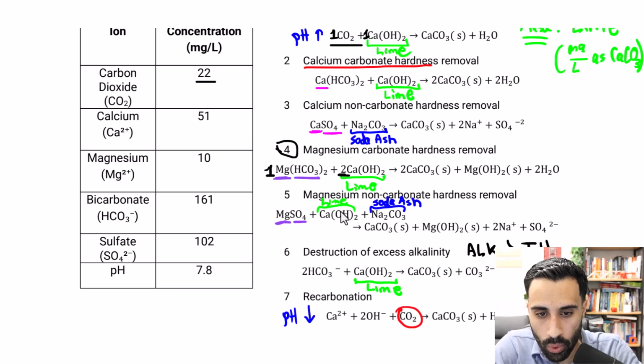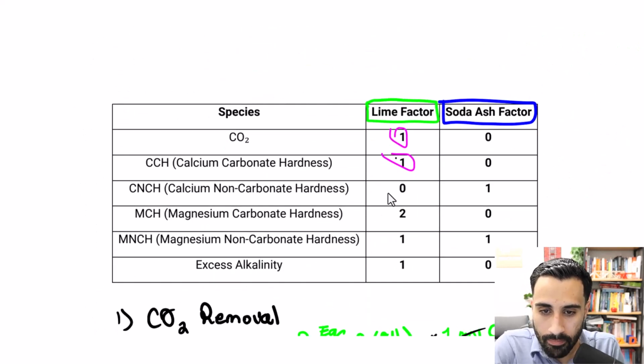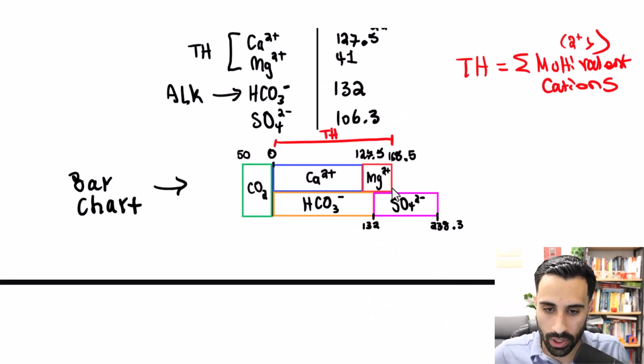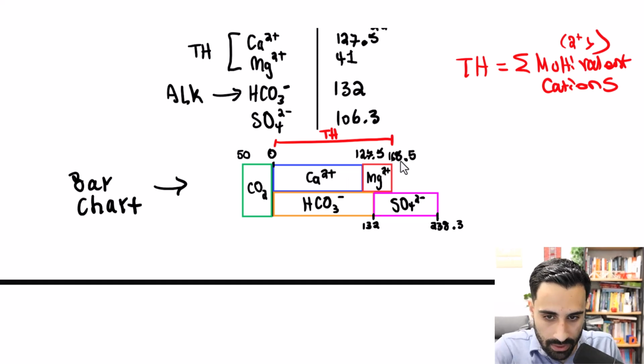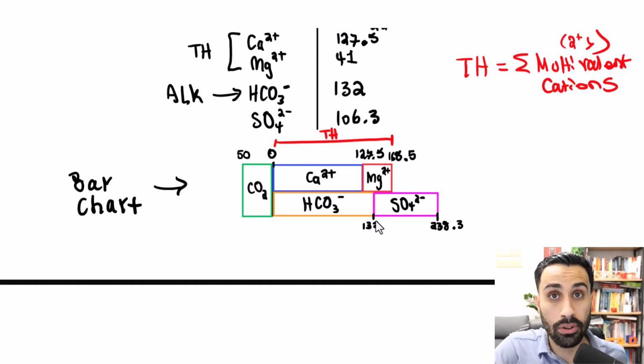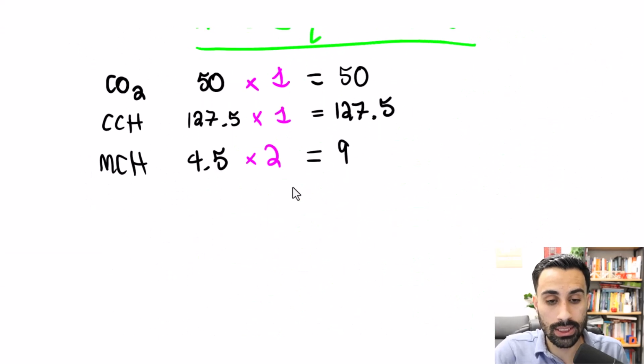We are done with 4. This also uses lime. This is magnesium non-carbonate hardness. It does use lime, also soda ash. We're focused on the lime. So the magnesium that's not associated with carbonate hardness is going to be how much? That is this part right here, and that is specifically 168.5 minus 132. So we take 168.5 minus 132 and we get 36.5.